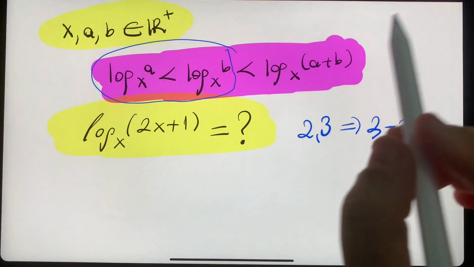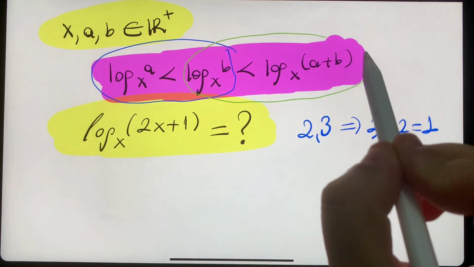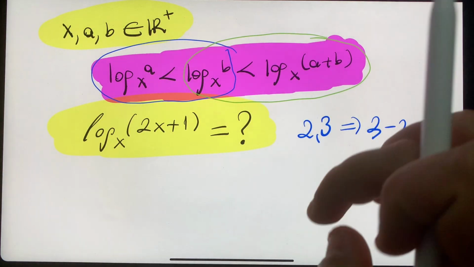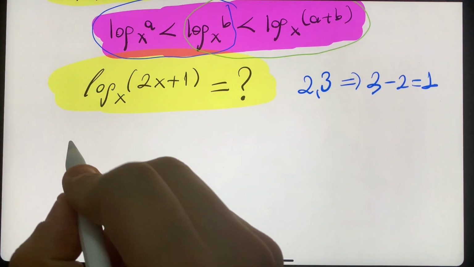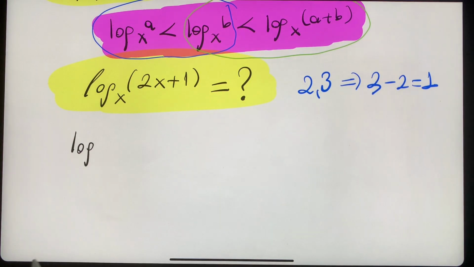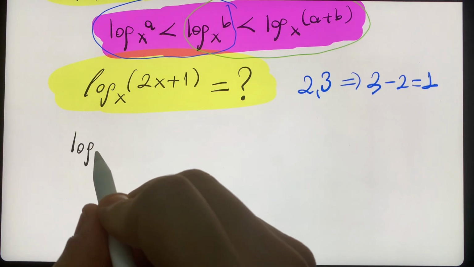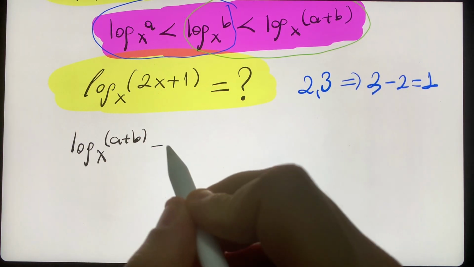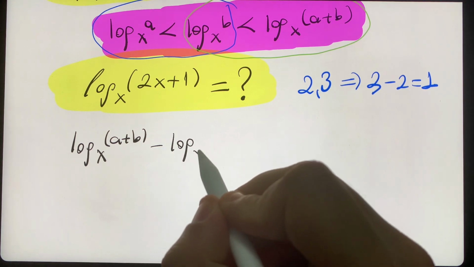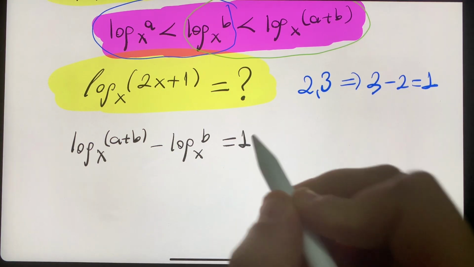look at this. What should we do with this feature? It must provide 1. Then I say logarithm base x of a plus b minus logarithm base x of b must be equal to 1.